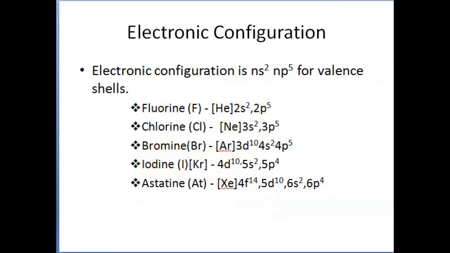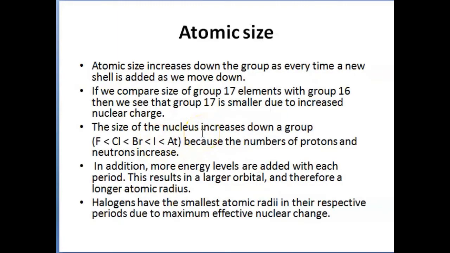So, based on that, if we talk about the atomic size of group 17 elements, atomic size increases down the group as every time a new shell is added when we go down the periodic table. If we compare the size of group 17 elements with group 16, group 17 is smaller because of the increased nuclear charge.